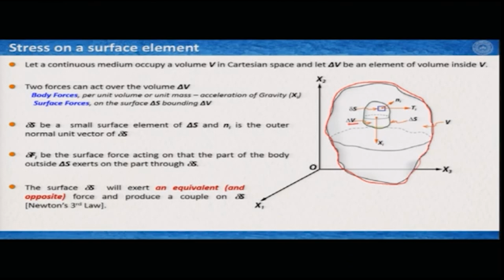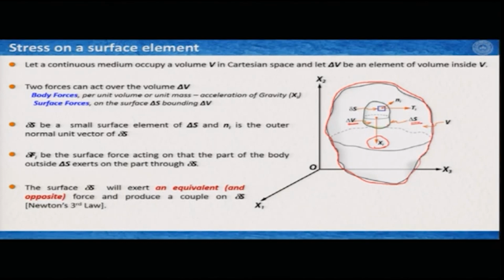Okay. Now, if I consider this very small volume del V, then as we have learned, two different forces would apply on this. One is body force, which is acceleration of gravity, which is x i, and then surface forces that must act on a very small surface. So, let us consider that this is del S, which is this entire area. On the surface of this volume, a force is acting.